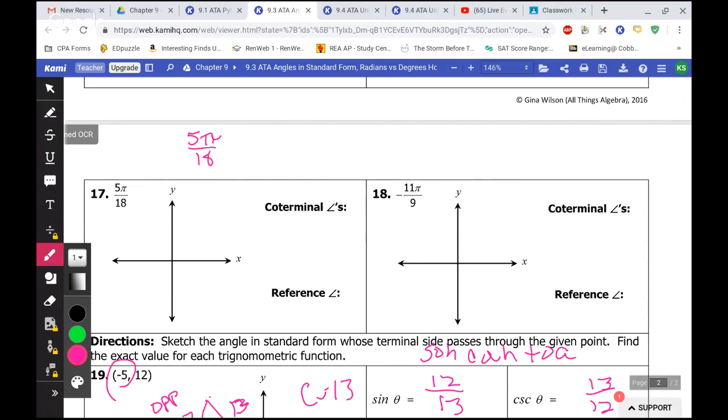Remember, 2 pi is a full circle. It's the equivalent of your 360. So 2 pi with a denominator of 18 would be 36 pi over 18.